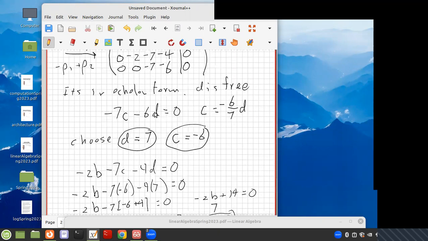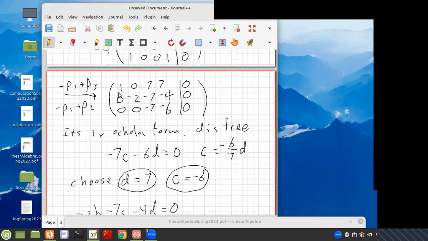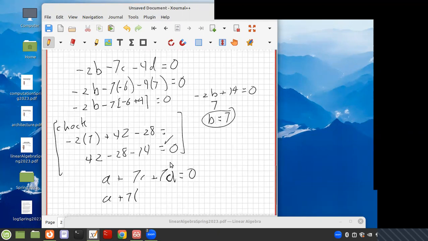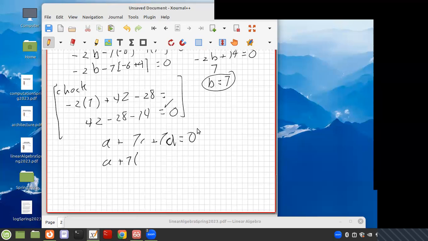And then the last equation we have is A, C, and D. So we have A plus 7C plus 7D equals 0. And that's A plus 7 times minus 6. Wait, which one?